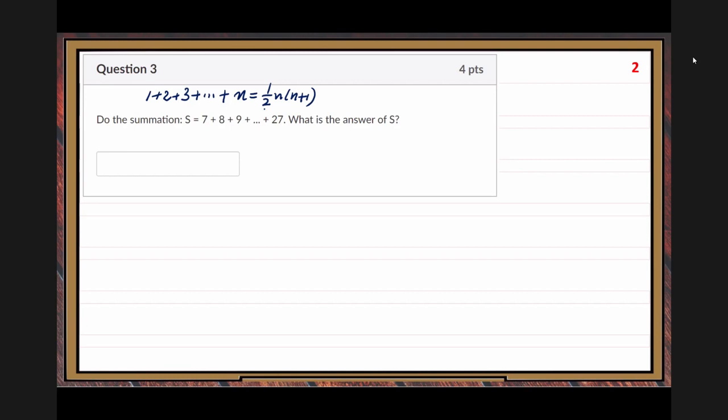How about we calculate the first summation, starting from 1, but because we added the first few consecutive integers, we should do subtraction. Then we get the same summation.